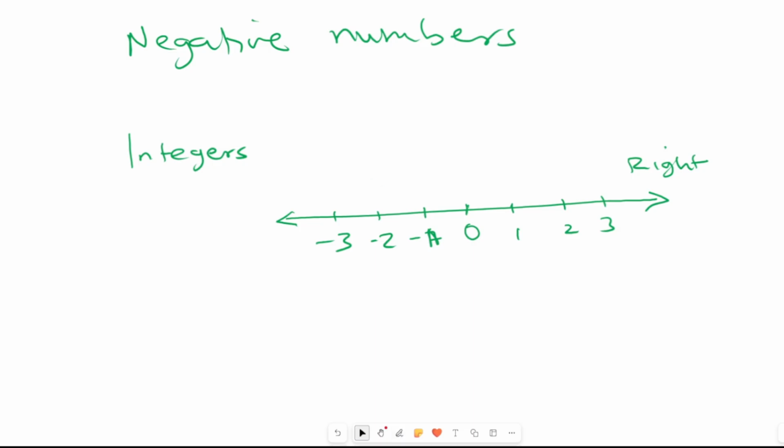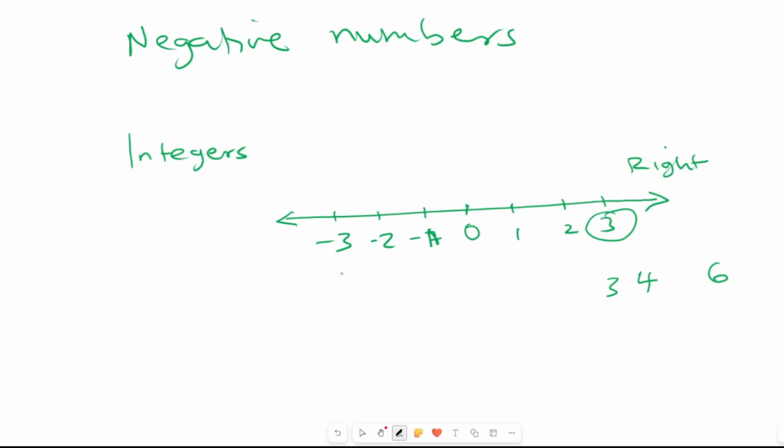And what is interesting about negative numbers? They are counterintuitive. Okay. When you have a positive number, the bigger numbers are the 3, 4, and 5. So for instance, 4 is bigger than 3, and so on. 6 is bigger than 4.